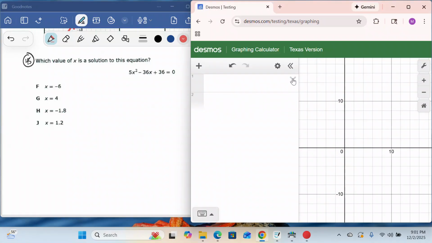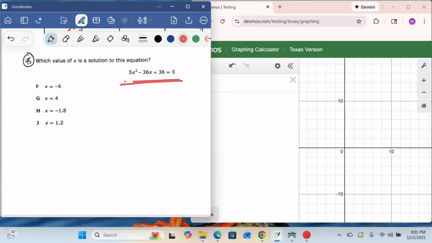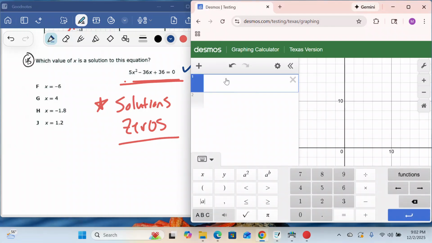So remember, when they're giving you a quadratic like this, the solutions are always your zeros. And right here, you look at the equation, and it's already set equal to 0. That's what I did the first one with. So all I have to do is input it into Desmos and let Desmos do the work for us.